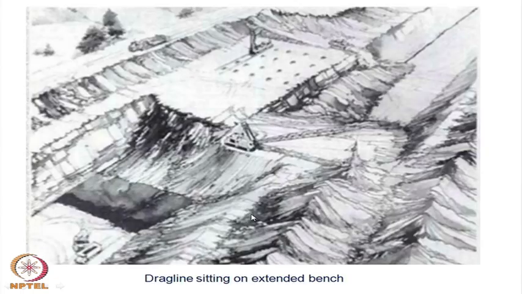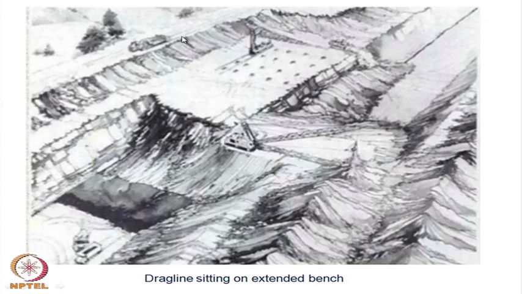Here you can see a pictorial view. Here your drilling and blasting is going on. You can see that this is the old high wall, and here a new high wall is being formed by working with a dragline. This is the dragline.